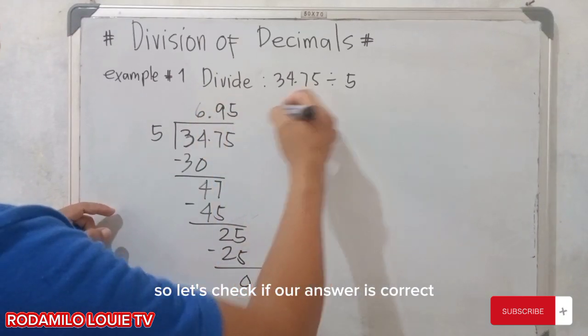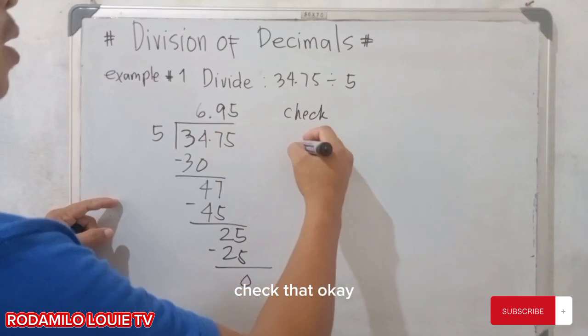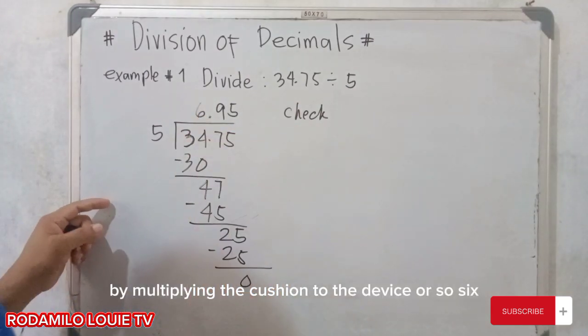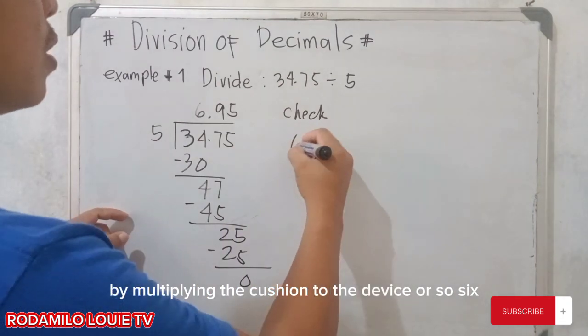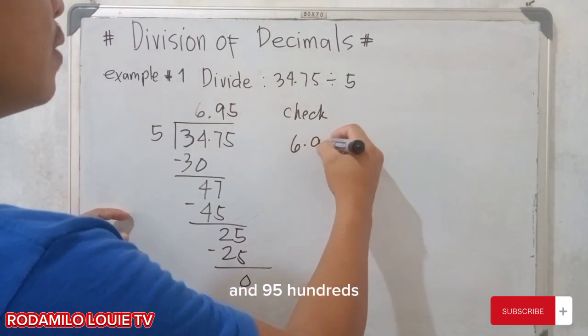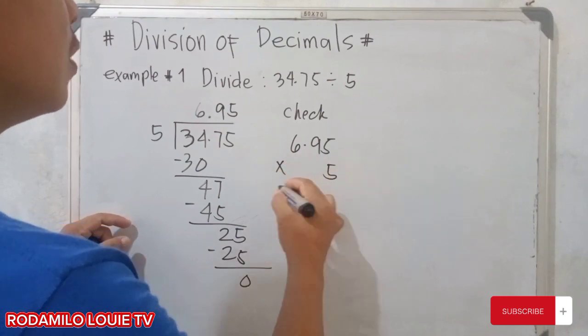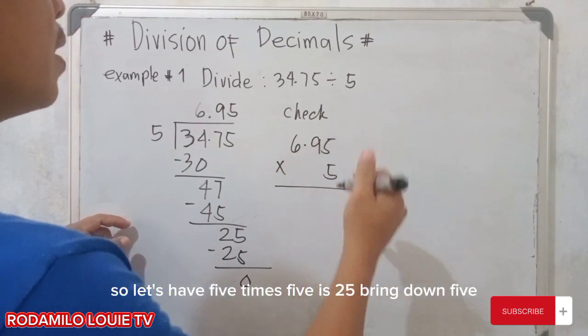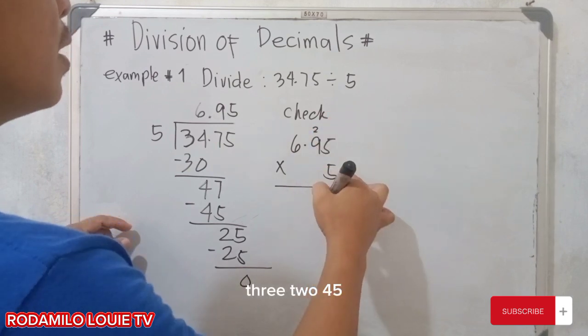So let's check if our answer is correct. Check na to. Okay. By multiplying the quotient to the divisor. So 6 and 95 hundredths times 5. So let's have 5 times 5 is 25. Bring down 5. 32, 45.